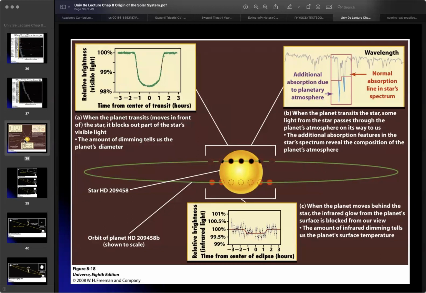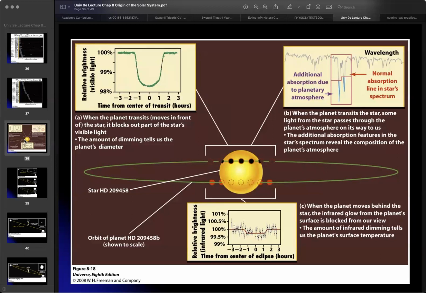For example, if we look very carefully at the star, and the planet orbits the star in such a way that it moves in front of it, it transits the star sometimes, then by how much the brightness of the star gets reduced, we can estimate the planet's diameter.